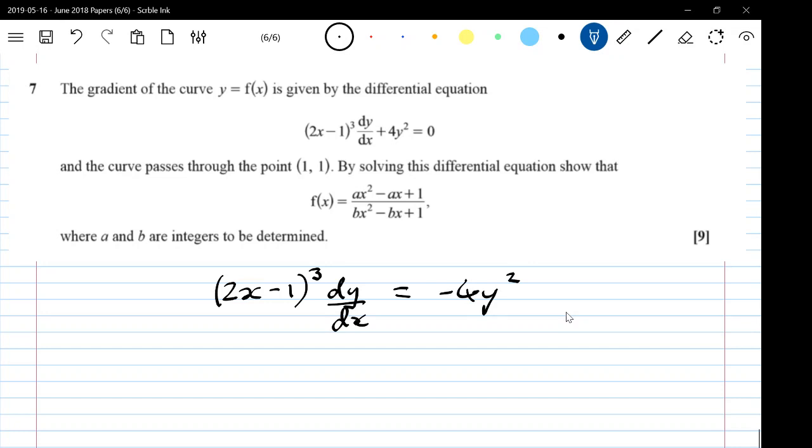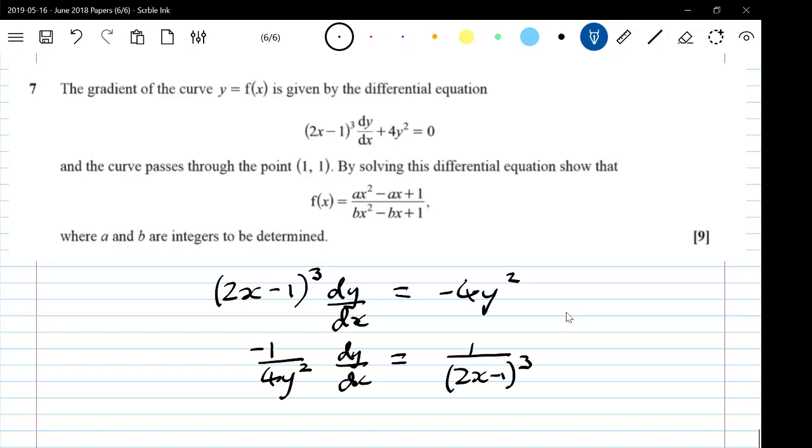Now we talked about separating the variables before we integrate. So what we want from this is we want to get everything involving y on the side where dy is on the top, and everything involving x on the other side. It's all wrong at the moment. So what I'm going to do is divide both sides by minus 4y squared, and divide both sides by 2x plus 1 cubed and get it to look like that.